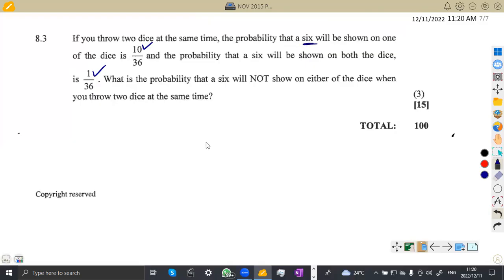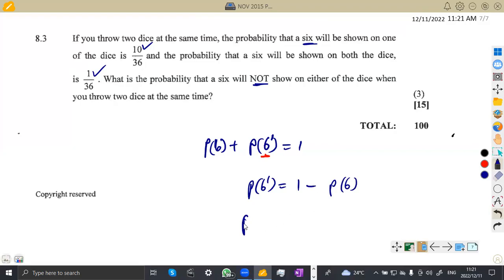We know that the probability of obtaining a 6 plus the probability of not obtaining a 6 should give us a 1. So the question is, what is the probability that 6 will not show? The probability of not obtaining a 6 is 1 minus the probability of obtaining a 6.